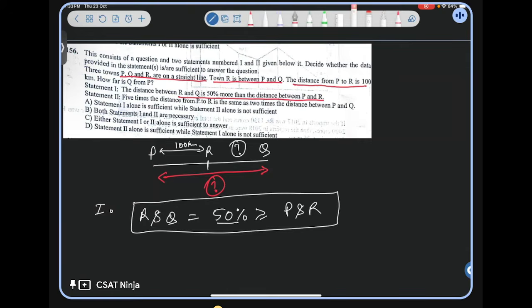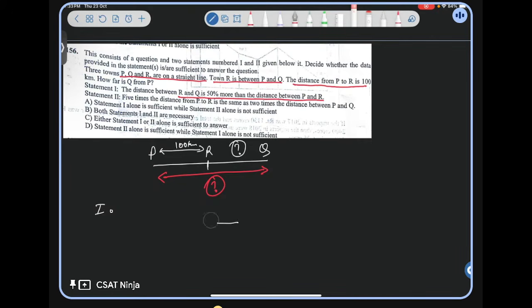Let me write it in terms of an equation. Can I assume this part as X, for your understanding?